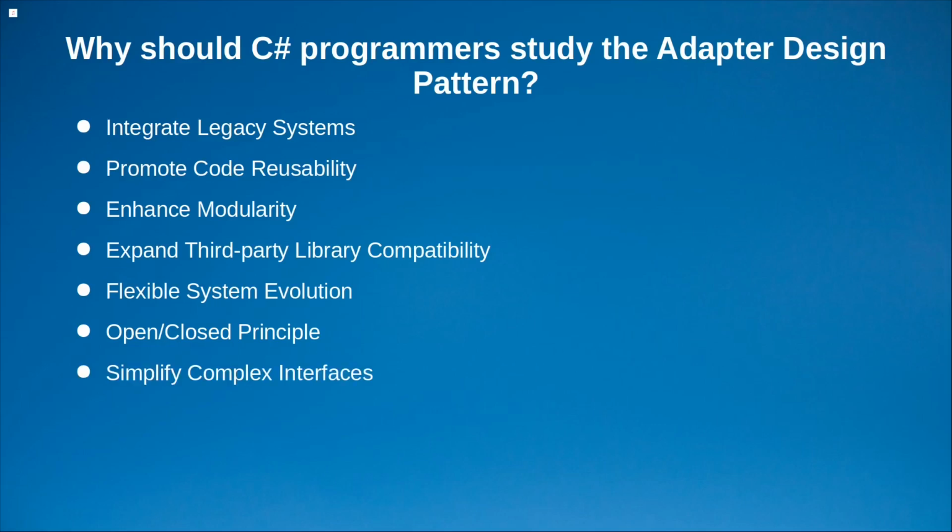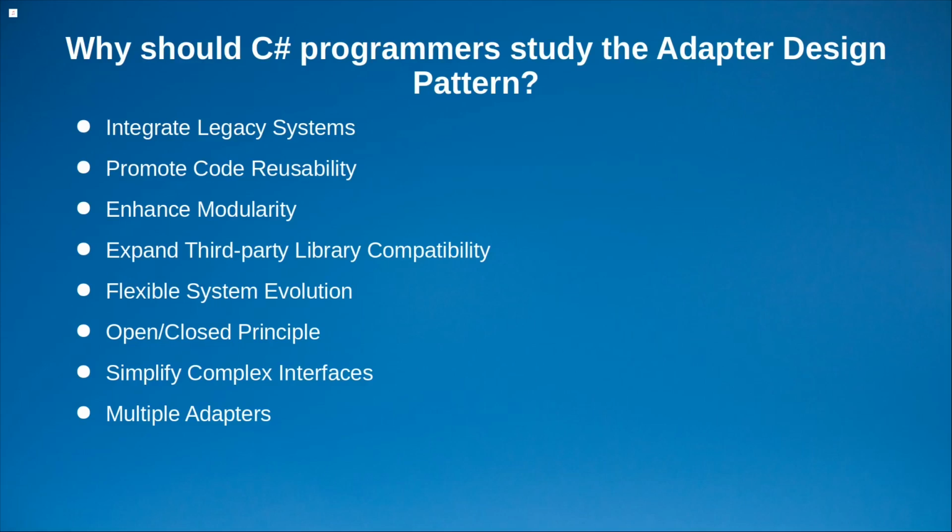Simplify complex interfaces. Sometimes interfaces can be complicated and challenging to work with. An adapter can simplify these interfaces by providing a more convenient or streamlined way to interact with them, making it easier for other parts of the application to use. Multiple adapters. For a single interface, multiple adapters can be designed to make it compatible with multiple systems. This provides flexibility in how an interface interacts with other parts of a system.